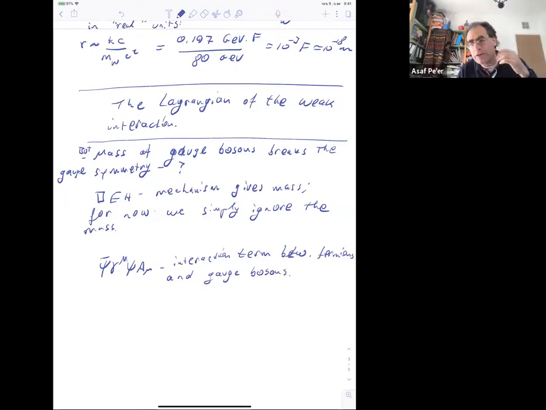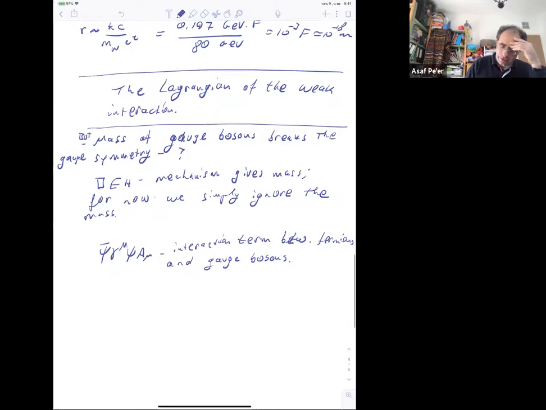That's what we had in the electromagnetic part. So we want to have the weak interaction Lagrangian look the same, roughly. So we expect the weak interaction Lagrangian to look more or less the same.